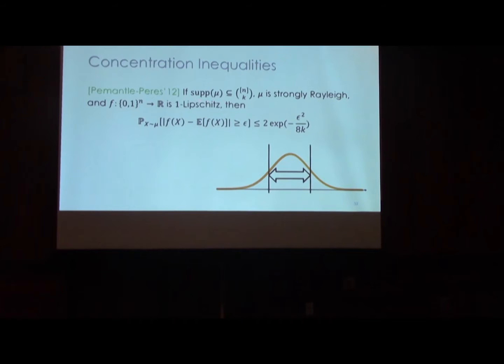So if you have a strongly Rayleigh measure, and let's say that its support just consists of sets of size k, any Lipschitz function of a random variable distributed according to this measure would have Chernoff-type concentration.